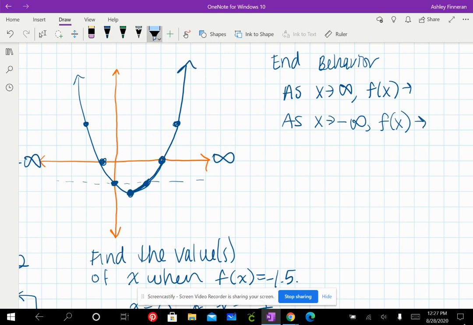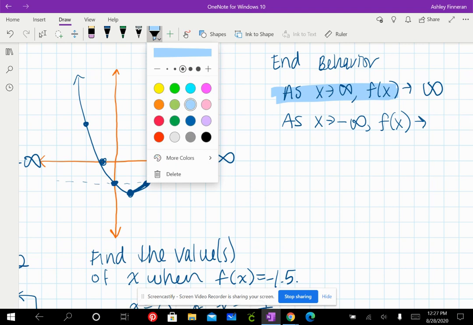So as x goes to infinity, that's talking about the right side, or as x gets really big, where are the y's going? And then that would be going up towards infinity. And then let's do a different color.